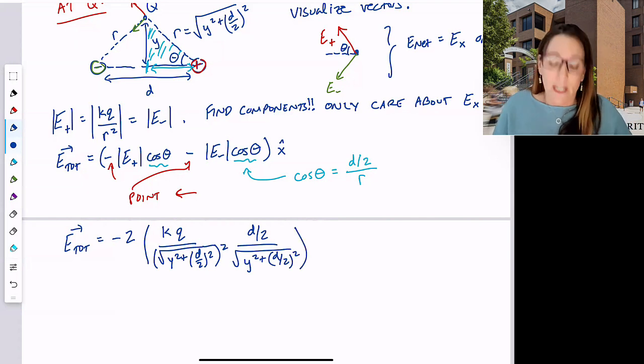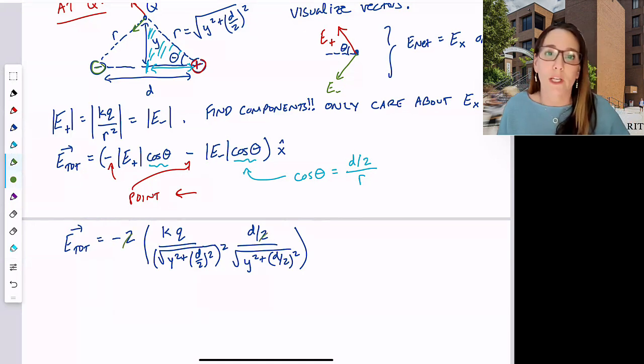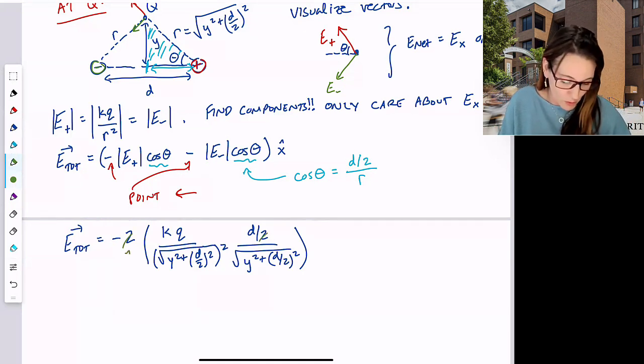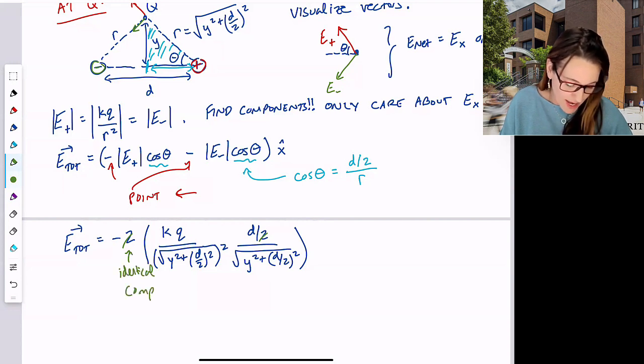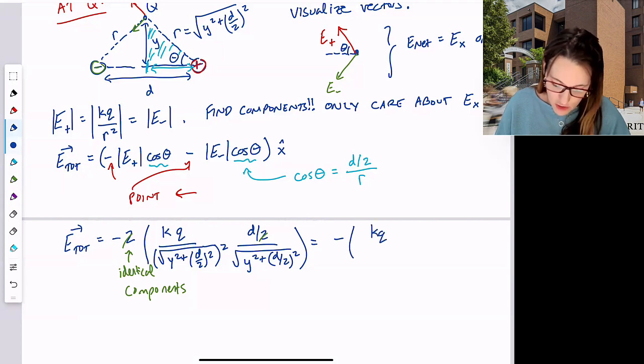Now I'm just going to simplify it a little bit. I can see that my 2 and my d over 2 cancel. And again, this original 2 came from identical components. So instead of separating them out as two terms, I combined the two terms into one. And then I can write this as negative, and then parentheses k, q, d over, and then this is y squared plus d squared over 4.